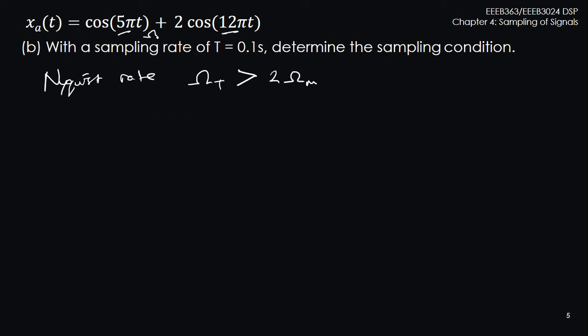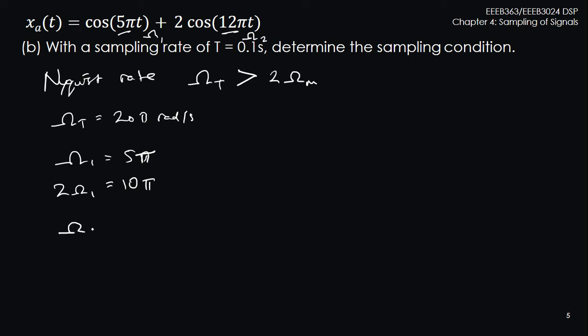Let's assign one of them to be omega 1 and the second one to be omega 2, and let's calculate all these values. So omega t, as calculated just now, was 20 pi radians per second. With omega 1, with a frequency of 5 pi radians per second, 2 omega 1 is simply 10 pi. And then we test omega t with 10 pi.